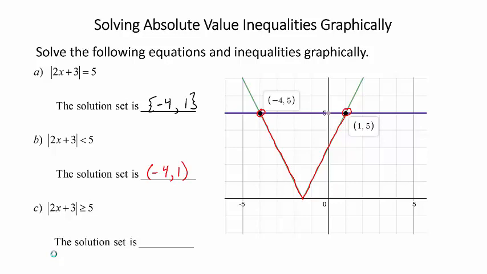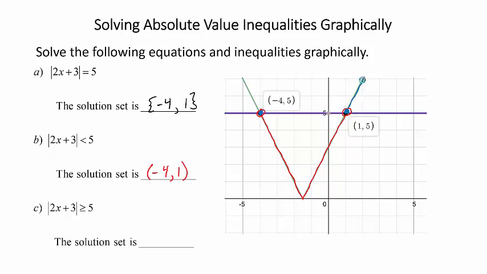Now let's look at the absolute value of 2x plus 3 greater than or equal to 5. Now we want everything that is above the line y equals 5 and equal to it. Greater than or equal to. So I'm going to use a different color now. Here in blue, I'm going to just fill in those dots at the intersection points.